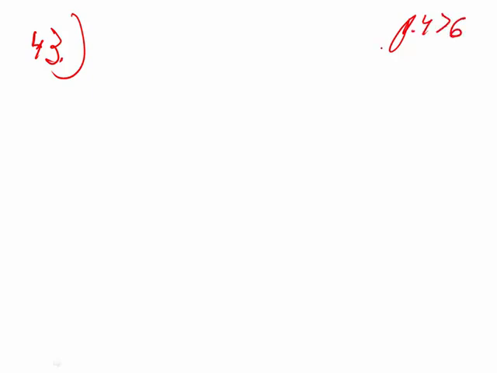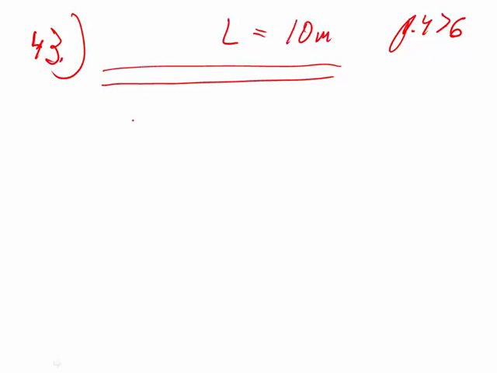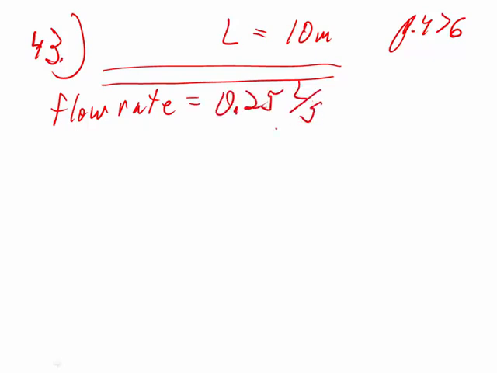Okay, so water flows at 0.25 liters per second through a 10 meter long garden hose. So we got a garden hose and the length is 10 meters, okay? And the flow rate is 0.25 liters per second, okay?